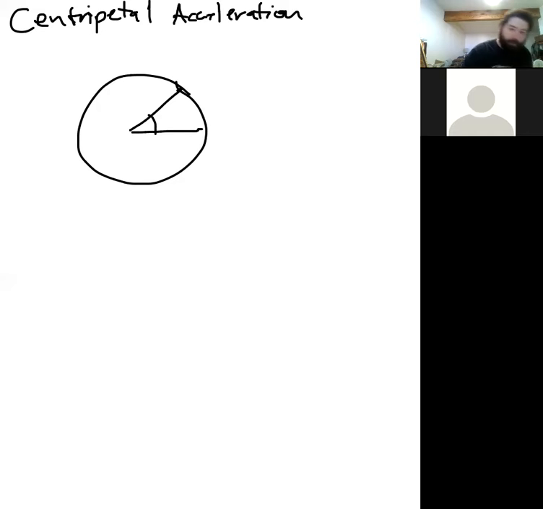We're going to have a theta, some displacement, moving around with a constant angular velocity. And again, we're going to have R. I'll do that in another color. This is going to be S here.